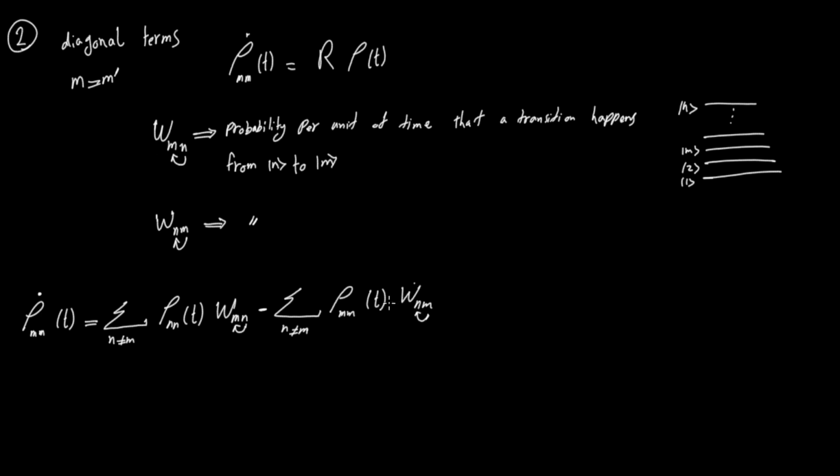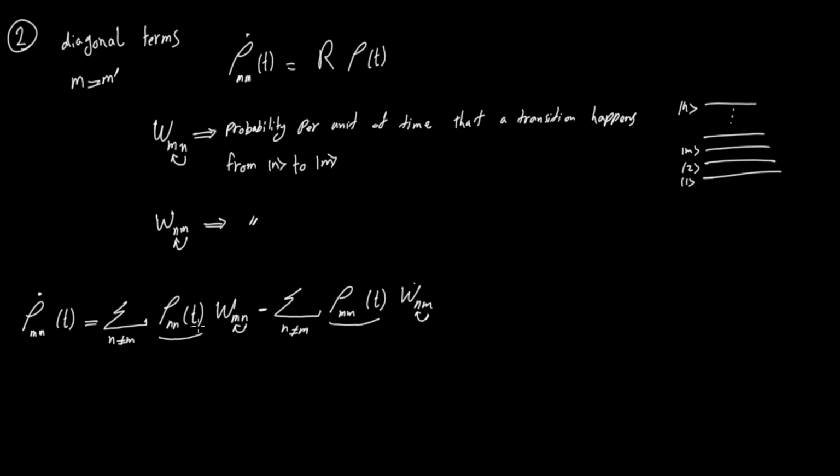But is that enough? No, it is not, because this is not just the transition rate, but also the number of people who are applying for this transition, which is displayed with this population matrix or density matrix.